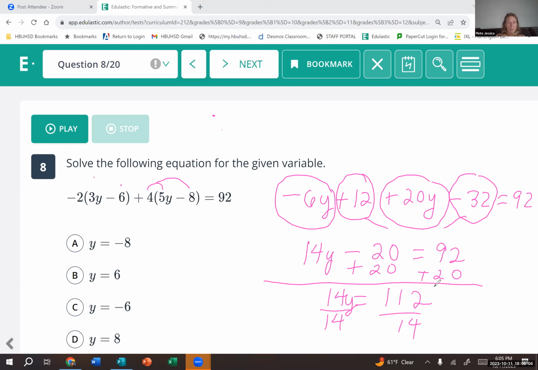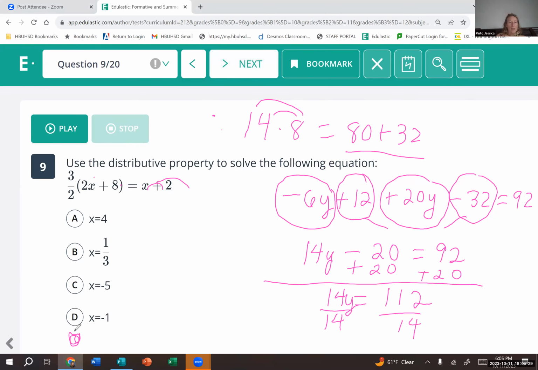Let's see. 14 times 8. So that's going to equal 80 plus 32. Thinking of 8 times 10, 8 times 4. And yeah, that's 112. So the answer is D. Nice. Next problem.